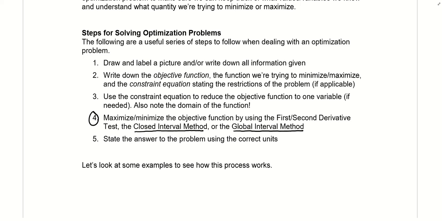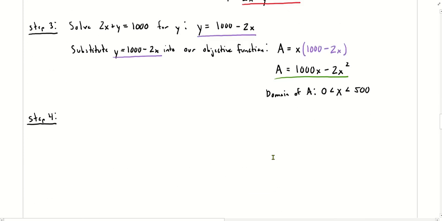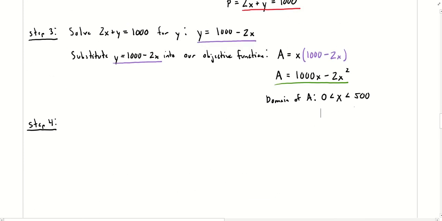And so I need to figure out which one of these is appropriate for what we're working with. The thing to note is I don't have a closed interval, right? This is the same thing as X belonging to (0, 500) with the parentheses, meaning that 0 and 500 are not included. In other words, we don't have a closed interval.